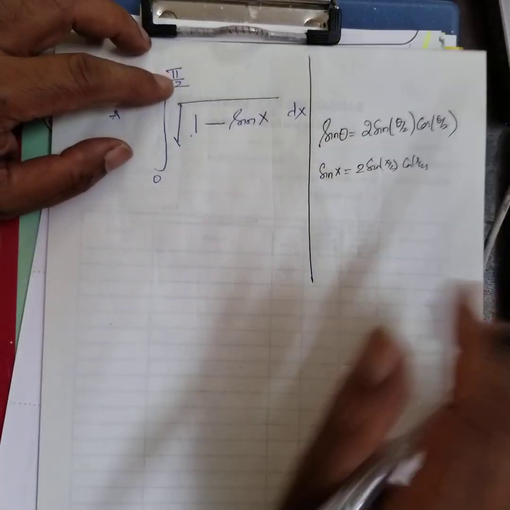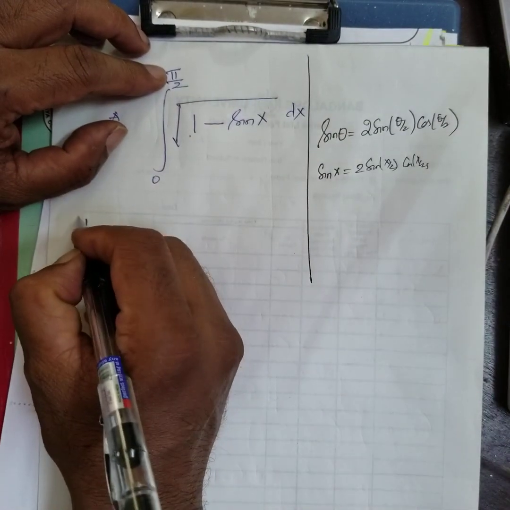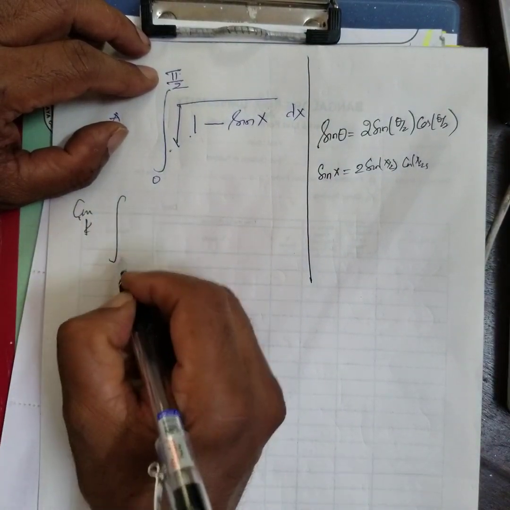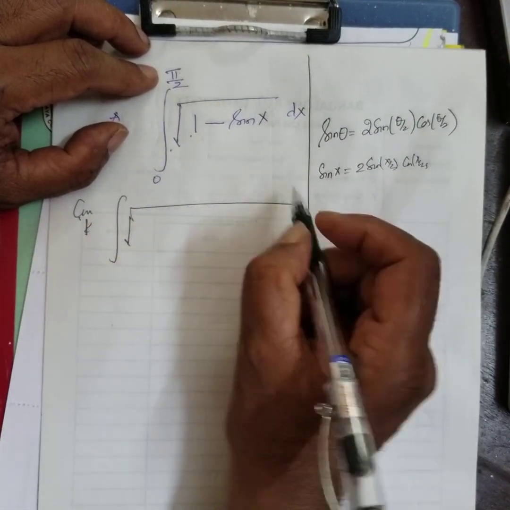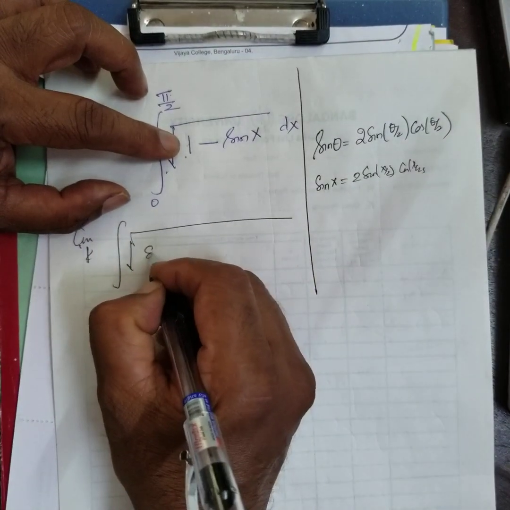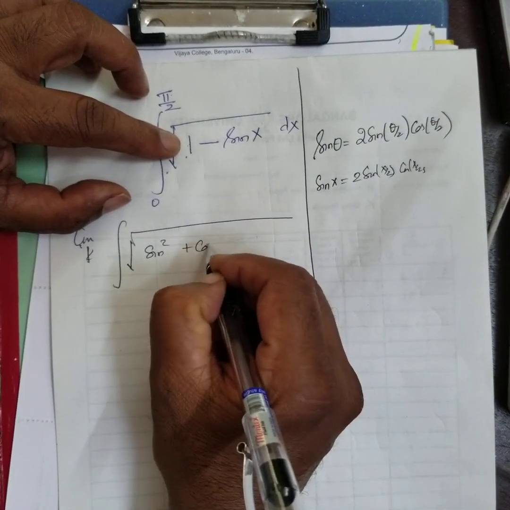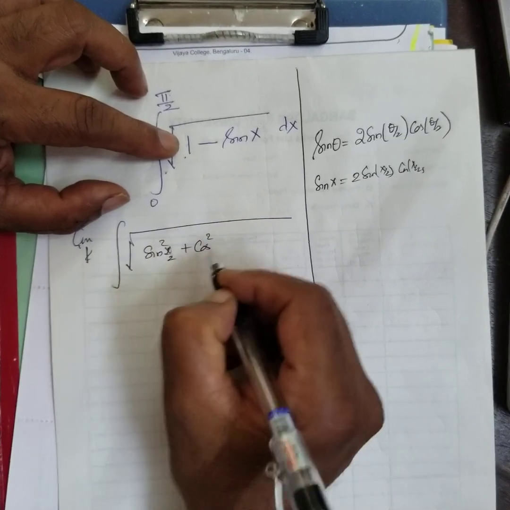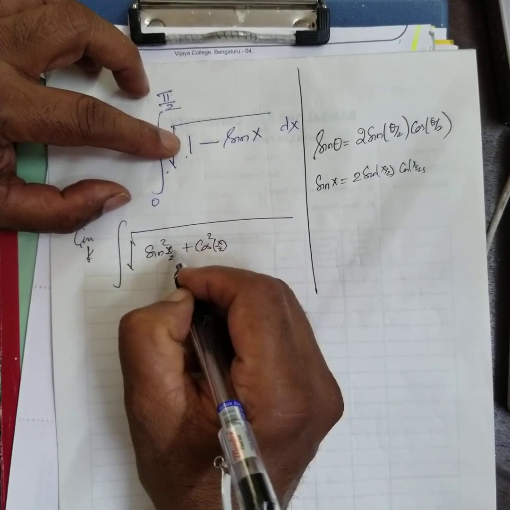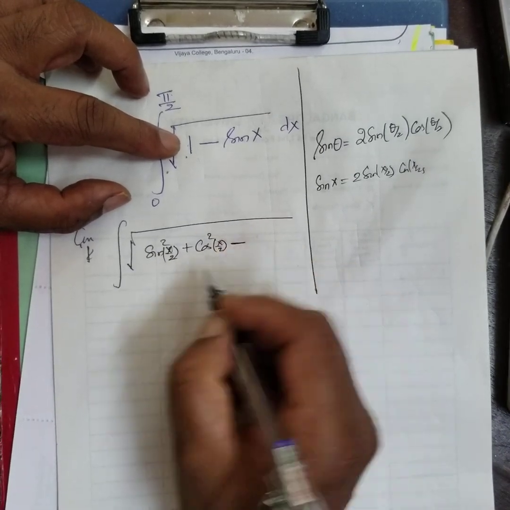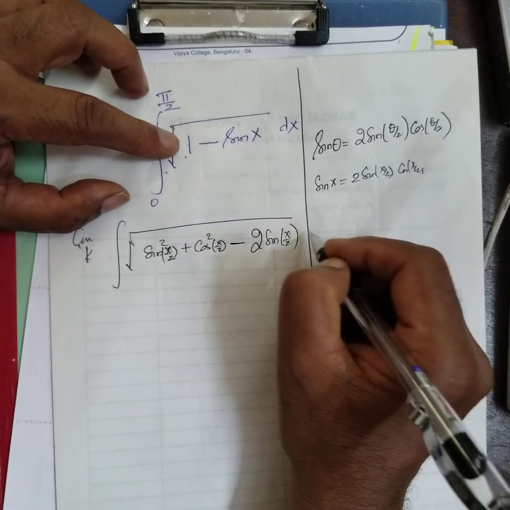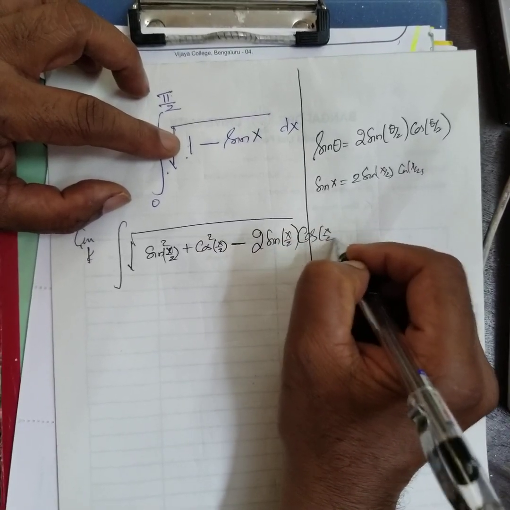Therefore, what I do is consider this without this. Consider the square root of 1, which can be written as sin square x by 2 plus cos square x by 2, minus 2 sin x by 2 cos x by 2.